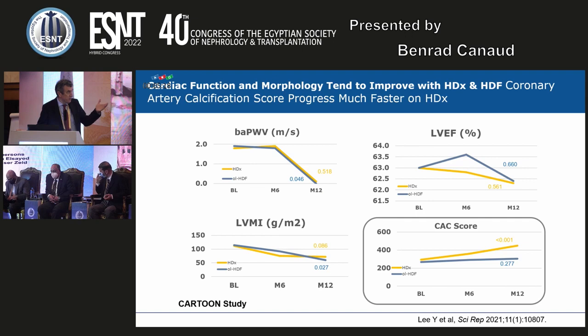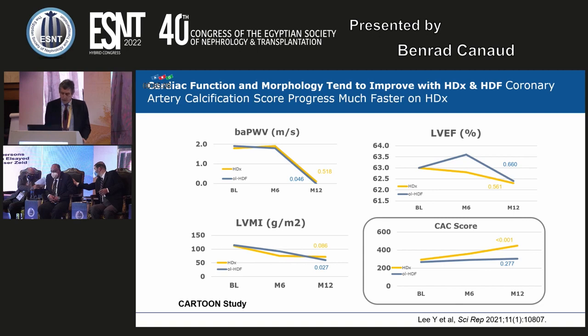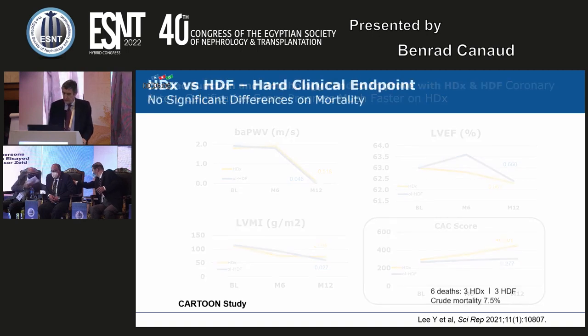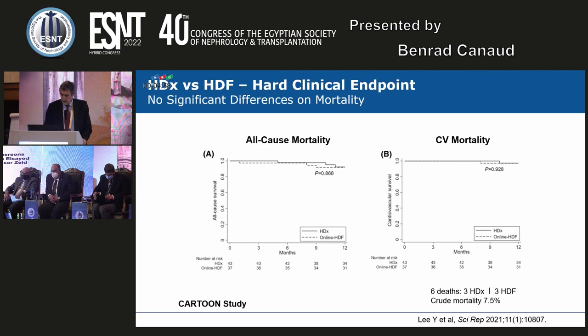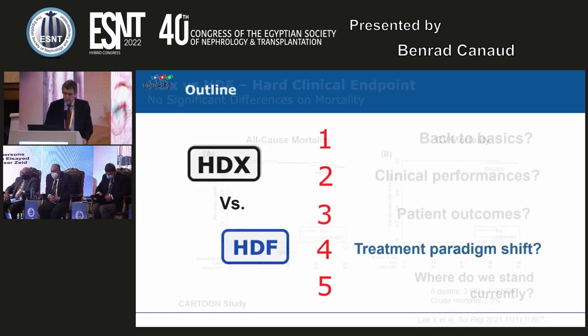So this is the only head-to-head study showing a beneficial effect on cardiac functionality and morphology, except for the calcification, which is worsening with the MCO. In terms of mortality, no significant effect. Of course, 1 year is quite limited, but there were no significant differences.